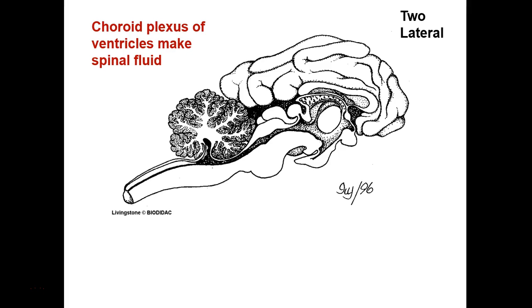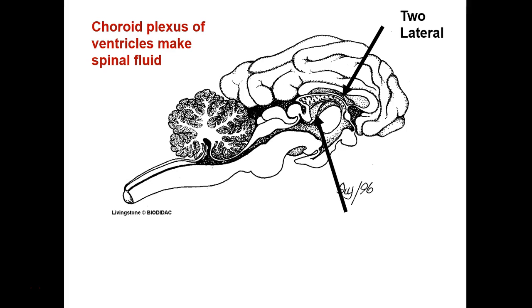Now, something I want to show you very quickly is what I was showing you earlier, that there are ventricles in the brain, 4 of them to be exact, and inside those ventricles is a mass of blood vessels called the choroid plexus, and those choroid plexuses actually produce cerebrospinal fluid, kind of make the blood-brain barrier. So the 2 laterals are on either side of that corpus callosum, or that structure that separates the 2 hemispheres of the brain.